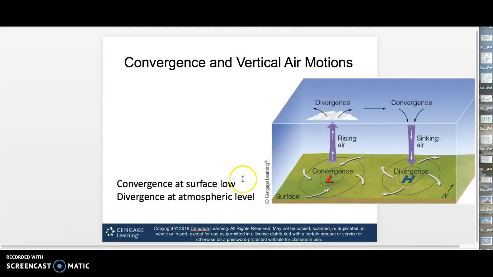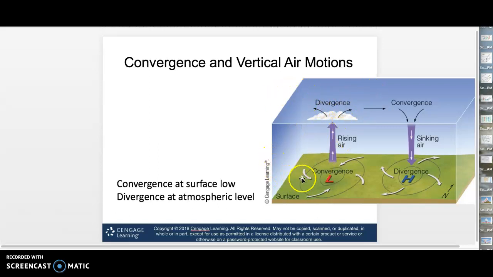And this is also an example of a low that happened over the peninsula of Florida, sending air skywards. This builds because the air diverges in the upper atmosphere.